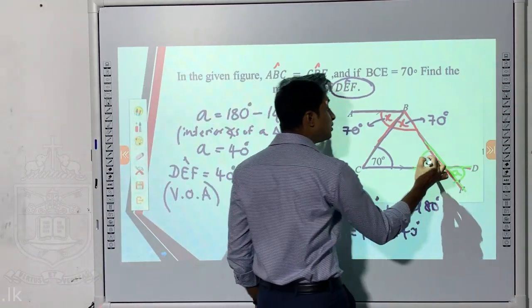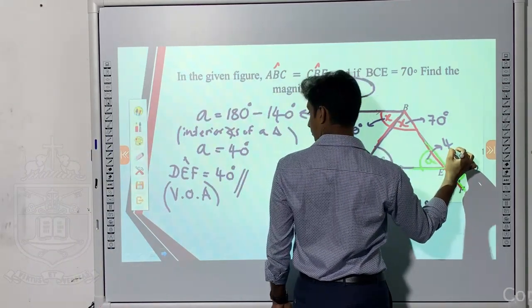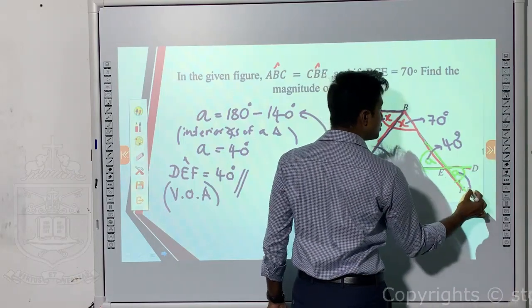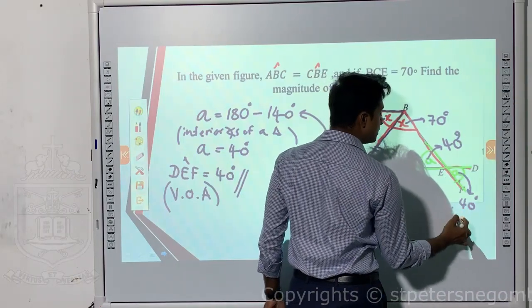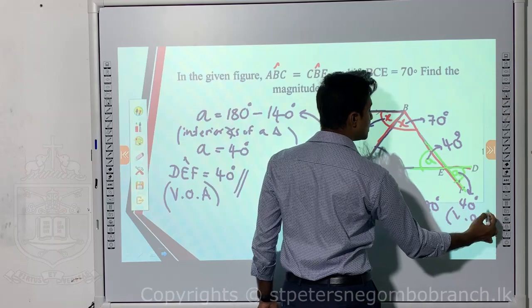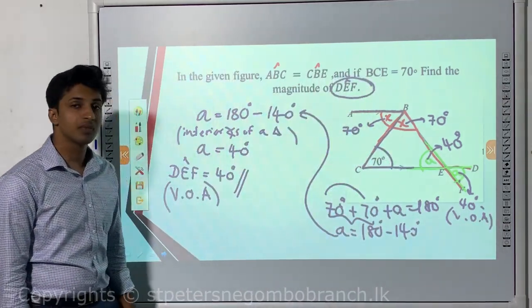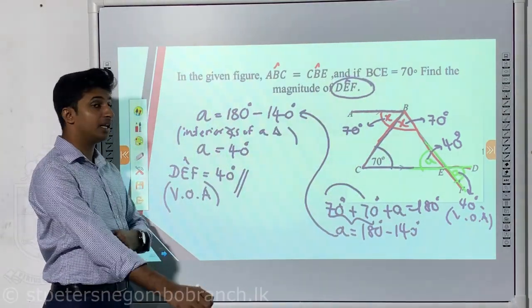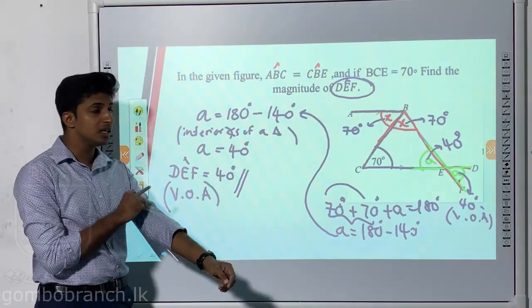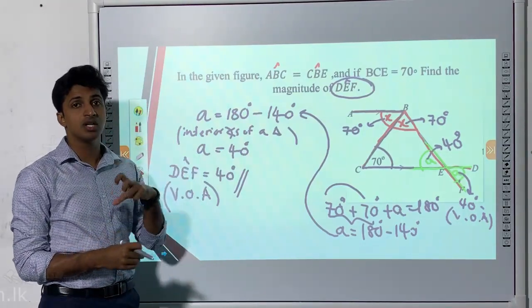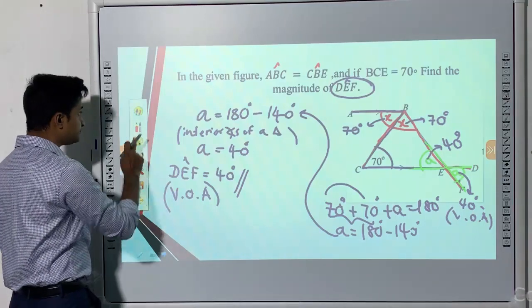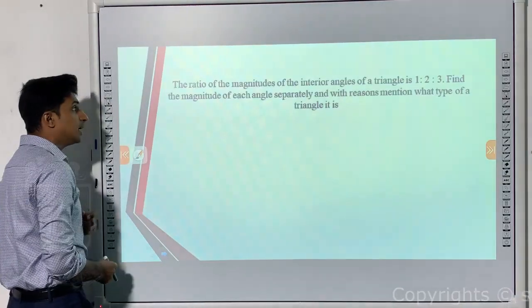Why? We found this value as 40, so this is also 40. The reason is vertically opposite angles. So you have to remember that very carefully. These questions are very easy if you know the previous knowledge on geometry. Right, moving on to the next question.